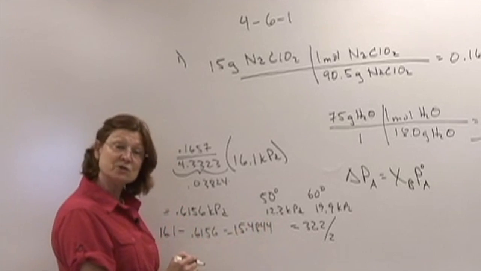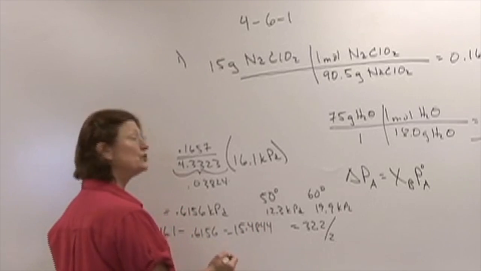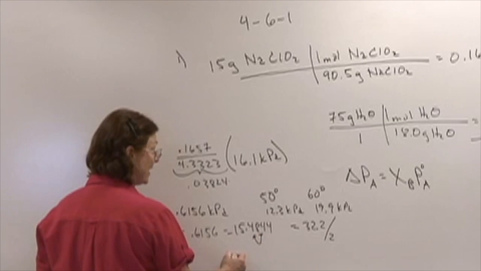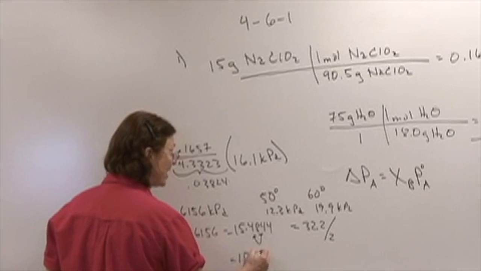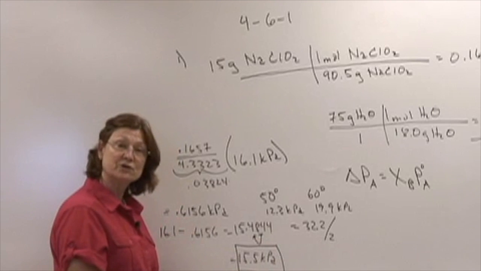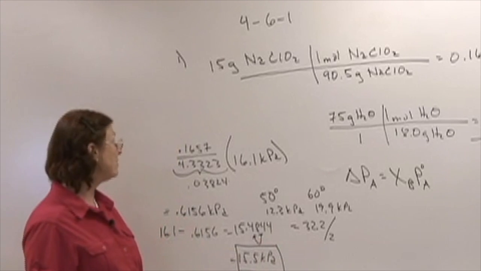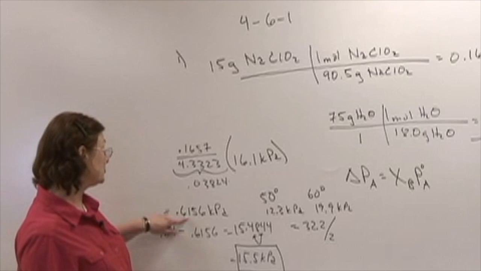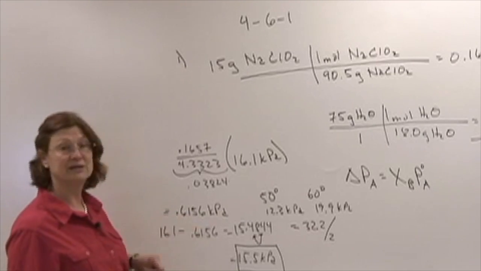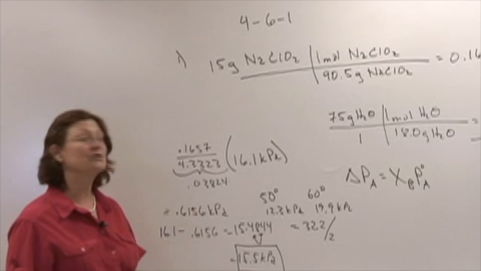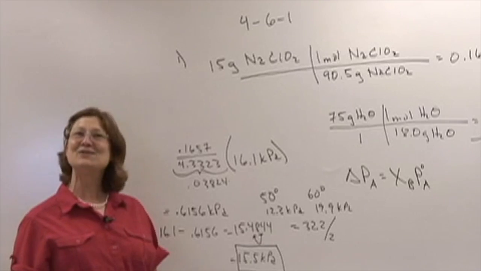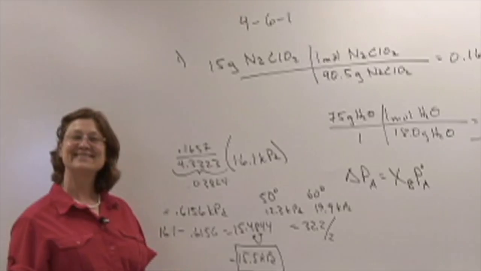I look back to my original problem and I see that my answer should have 3 significant digits, and the 8 rounds the 4 up, and I get 15.5 kPa as the answer for my new vapor pressure of the solution. So I had 2 answers here: the change in the vapor pressure, which is not subject to significant digit rules, and the final answer, which does follow significant digit rules. And that's how you do number 1.